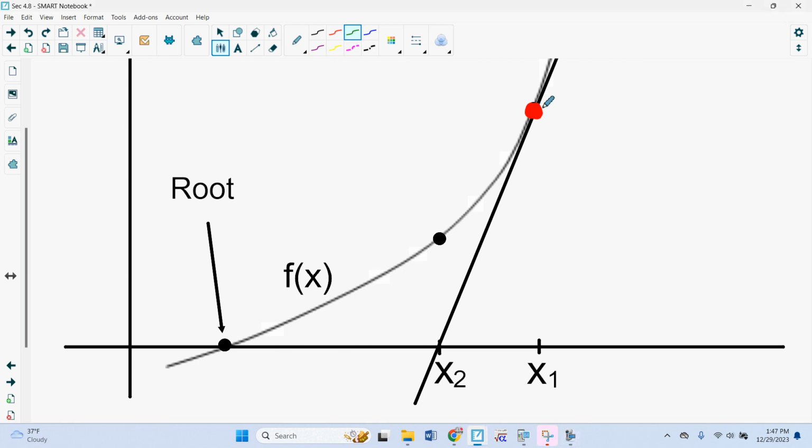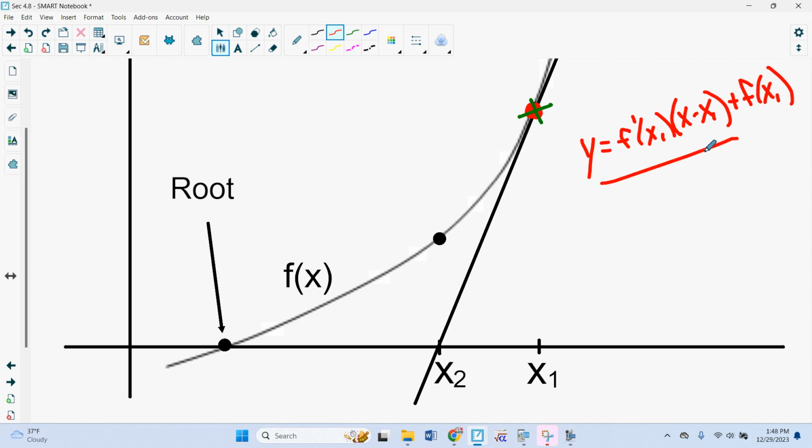Now, once you find this point to start, you are going to find the equation of the tangent line. And we know how to do that. That equation, sometimes called a linearization, is just the derivative at x1, and then our point slope form with the functional value at that point.